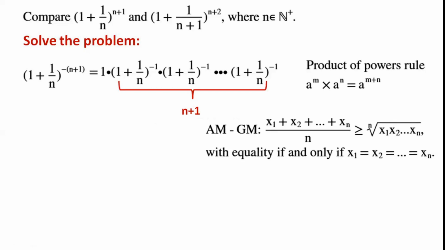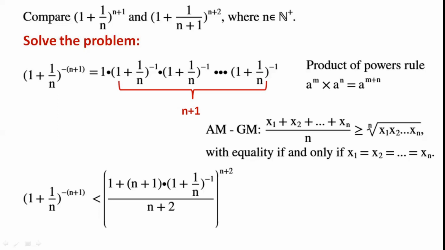AM-GM: the arithmetic mean is greater than or equal to the geometric mean, with equality if and only if x1 equals x2 equals so on equals xn.